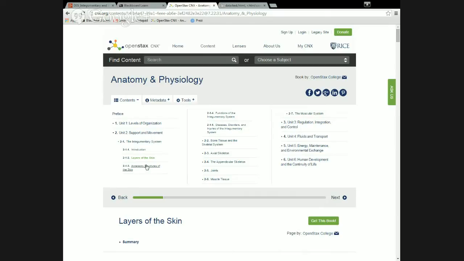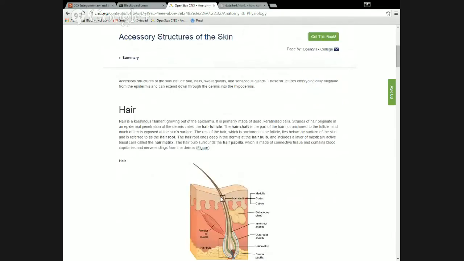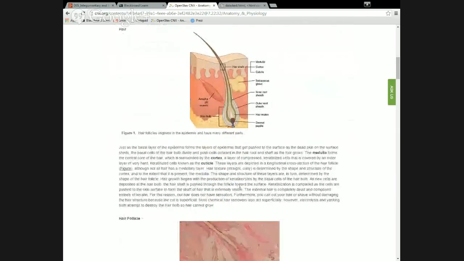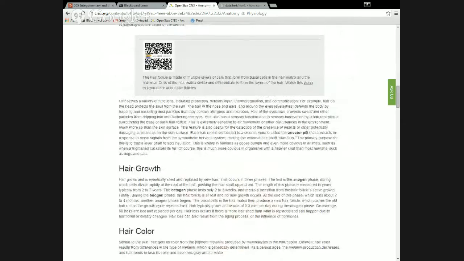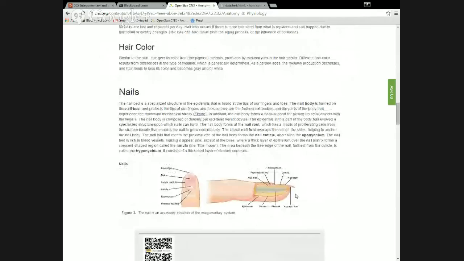The other section in here is the accessory structures of the skin, which basically means the hair follicles, nails, and glands, which are things that are really kind of extensions of the epidermis down into the dermis layer. So it starts with talking about hair and nails.